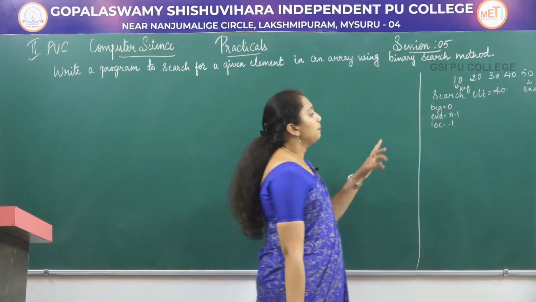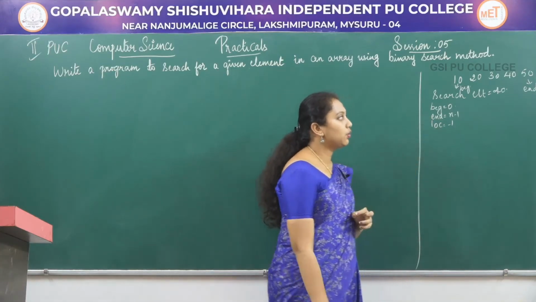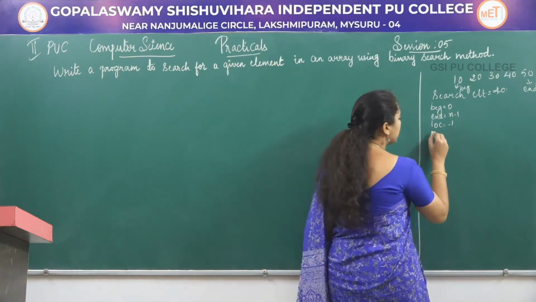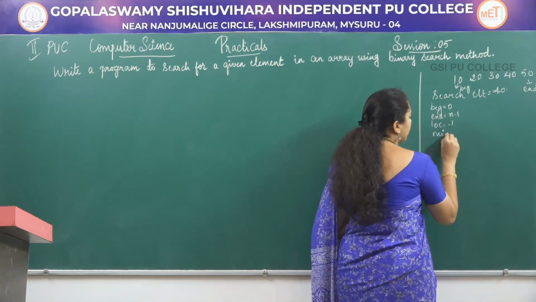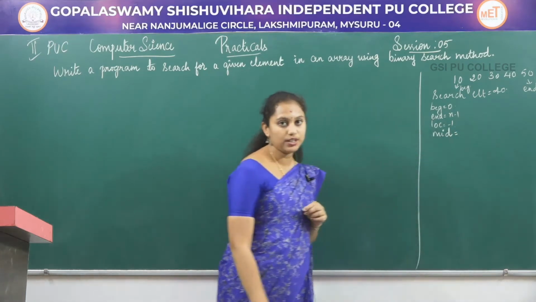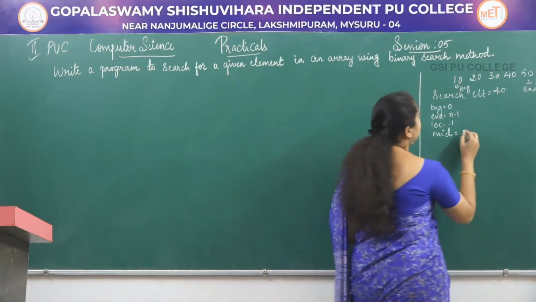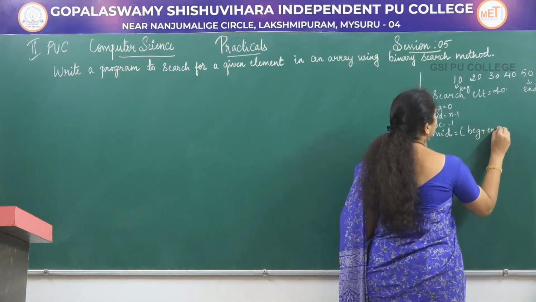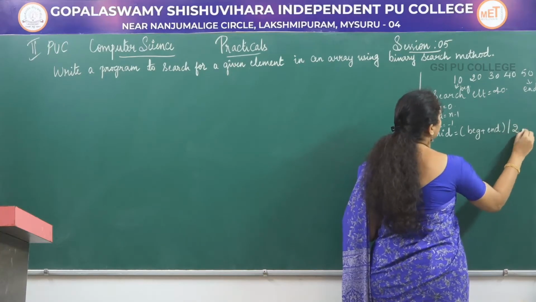While beginning is less than or equal to end, we can find the middle element location by adding the position of beginning and end, divided by 2.